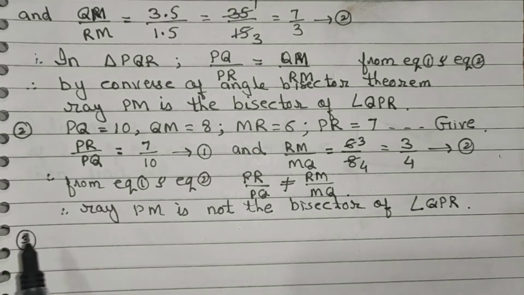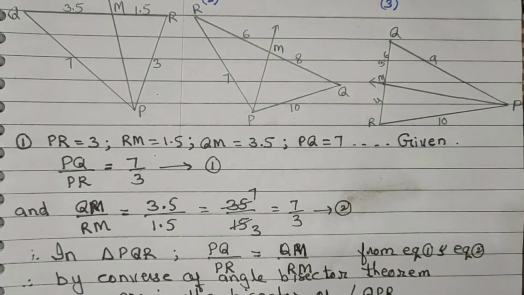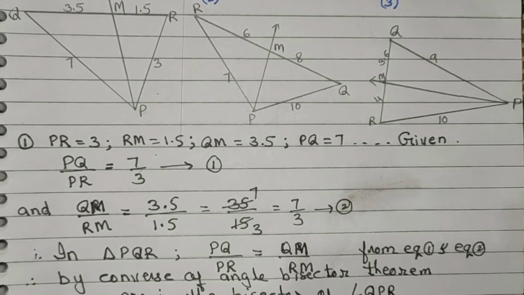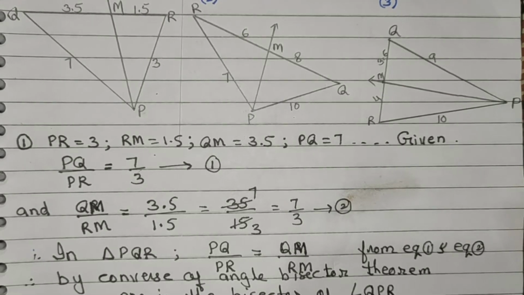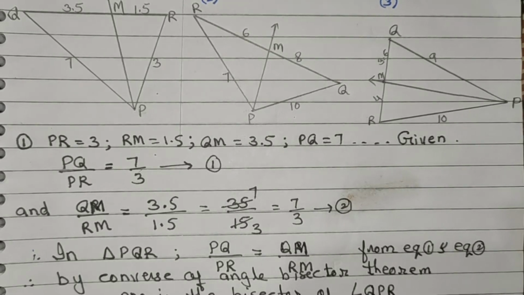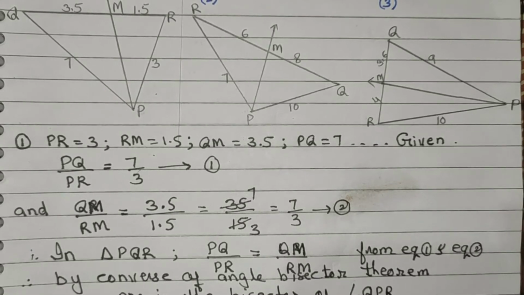Now look at the third one. Now look at third figure. Values are given here. First write down the values. PR is equal to 10, PQ is equal to 9, RM is equal to 4 and MQ is equal to 3.6. It is given.